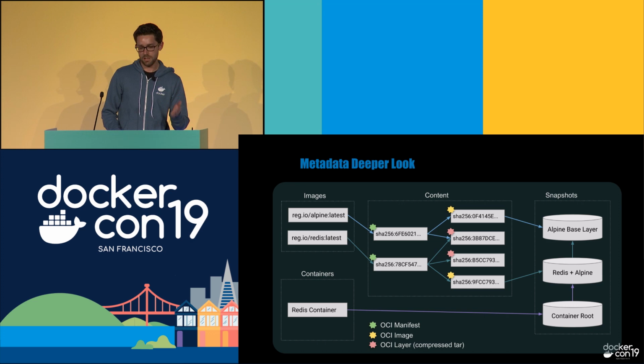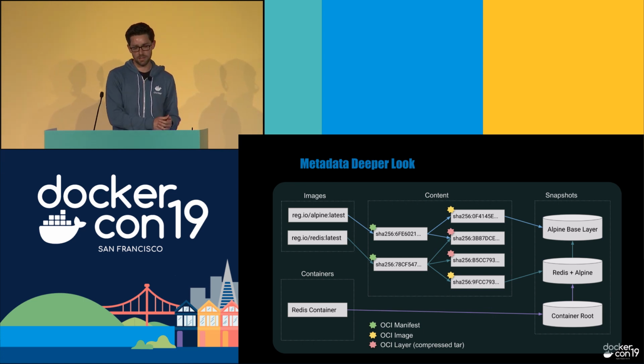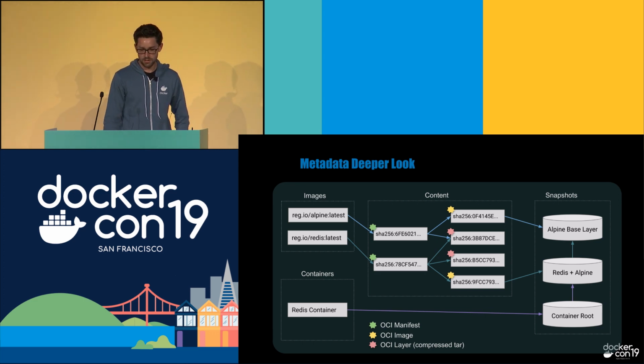So for example, images and containers are just metadata inside of that Bolt database. The content and snapshots actually have information inside the metadata store about labels, as well as ownership within those namespaces. But then they'll also have pointers to the underlying implementations that actually store the data on disk.